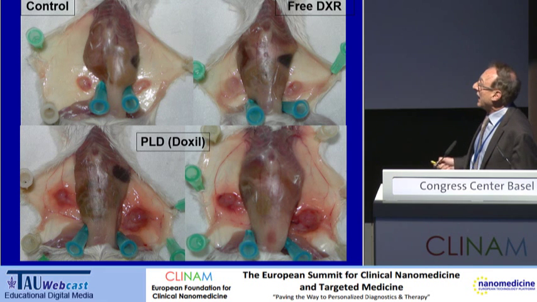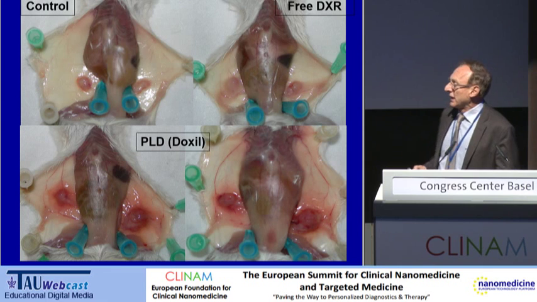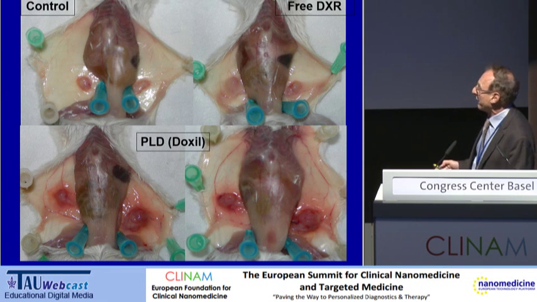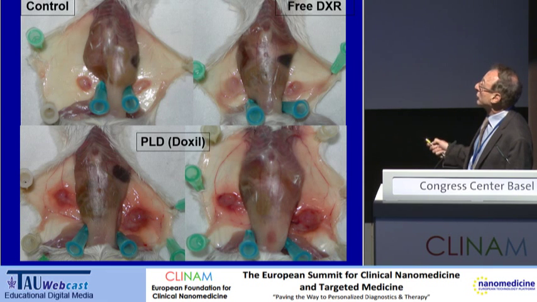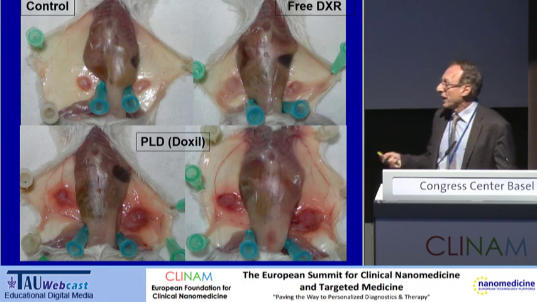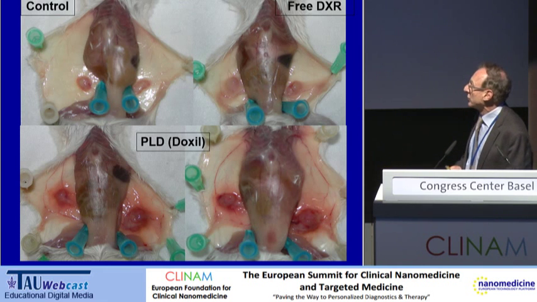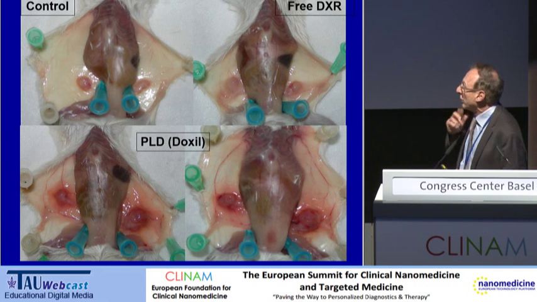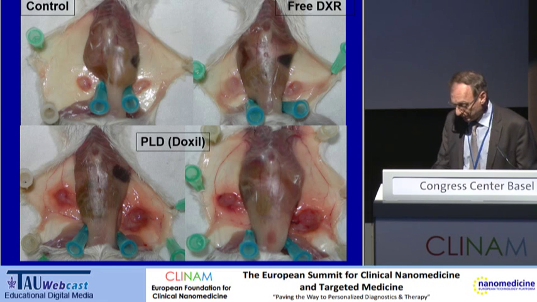If you look at Doxil, the prototype nanomedicine formulation that exploits the EPR effect, in this tumor model, this is a control tumor, this is a tumor injected with free doxorubicin, and these are mice that were injected with Doxil. You can see with your naked eye the huge concentration of drug accumulating in the tumor and in the surrounding tissue.